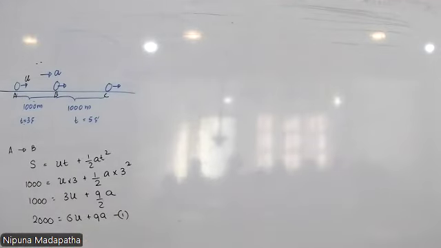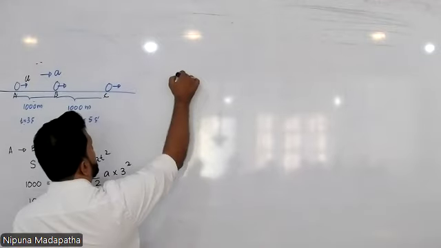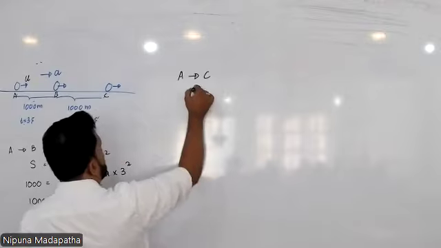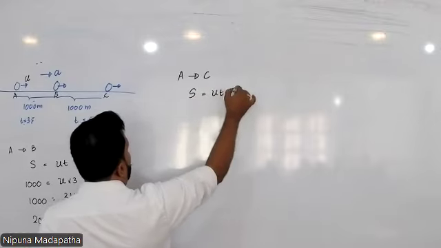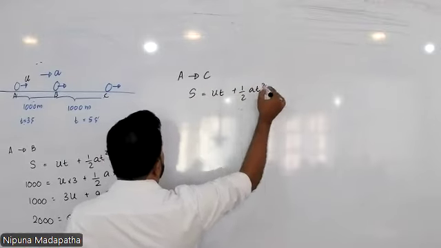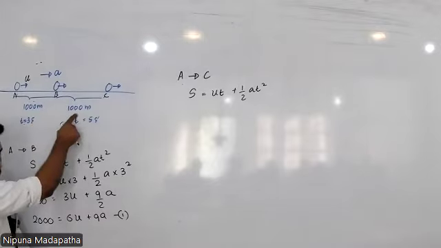Since the acceleration is constant, you can use a single kinematic equation to describe the motion from A to C. So I'm using the equation S equals ut plus half at squared for this motion. What is the displacement from A to C? 2000.